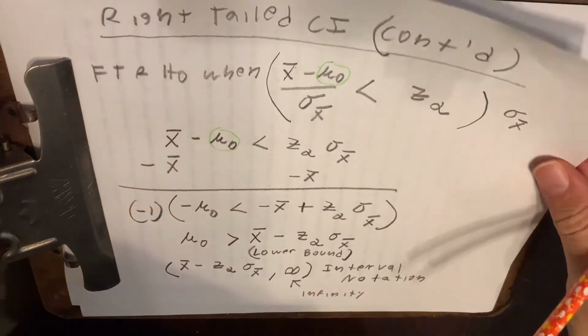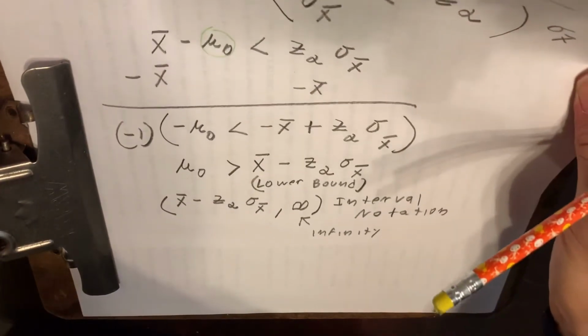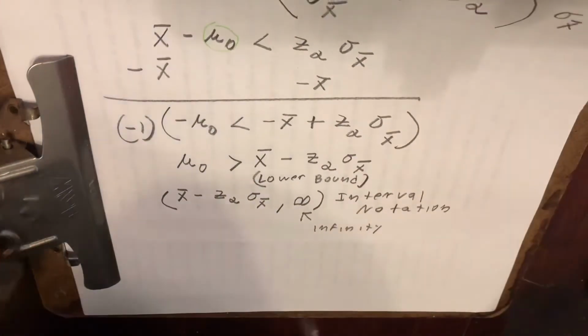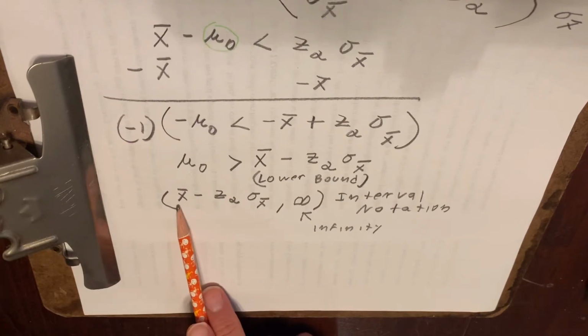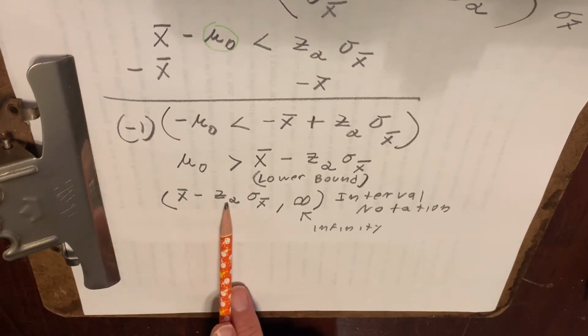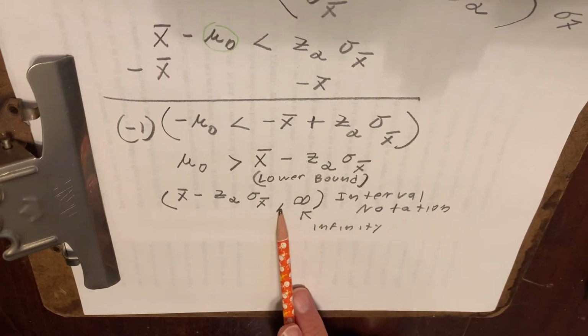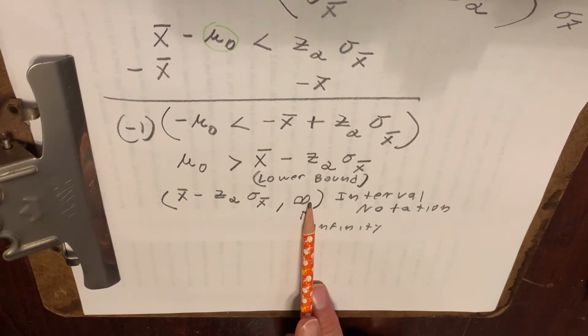So in standard interval notation, the right-sided confidence interval goes from x bar minus z sub alpha sigma sub x bar to positive infinity.